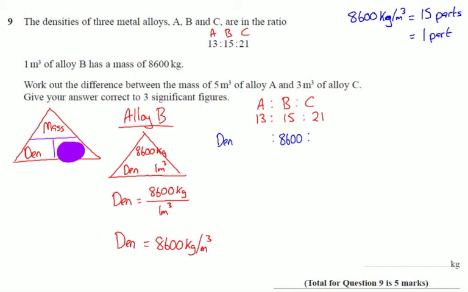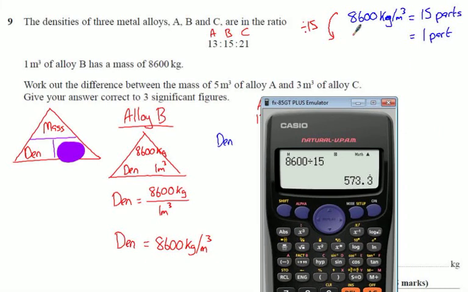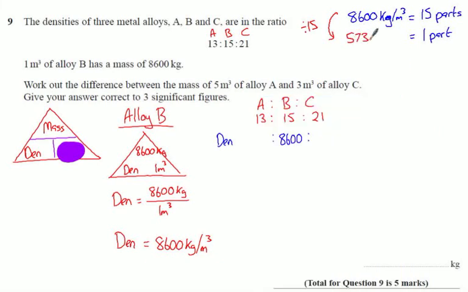And to get that, I'm going to divide this by 15. So 8,600 divided by 15 is going to give me 573.3 recurring kilograms per meter cubed. And then I want 13 parts and I want 21 parts.